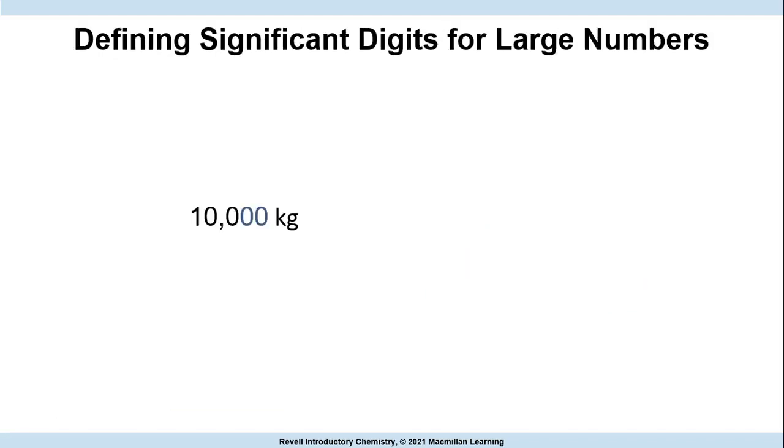Now let's look at how we can define significant digits for large numbers. For example, here we have 10,000 kilograms. So are these zeros significant or not significant? Like we've said, they may or they may not, based on how we define them. Now, if we are doing our measurements, we have to bring out an uncertainty.